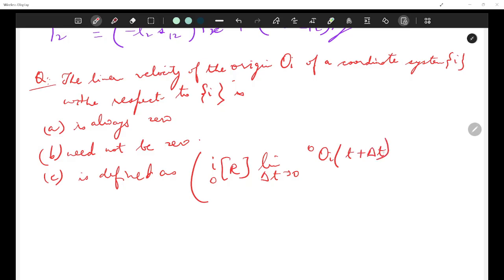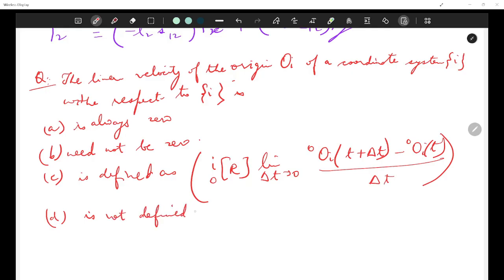This is just the same expression, delta x upon delta t, and then is not defined in coordinate system I.